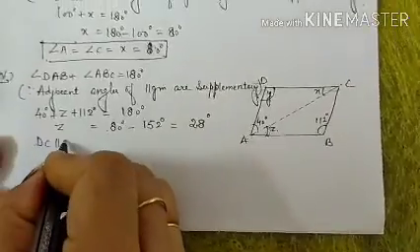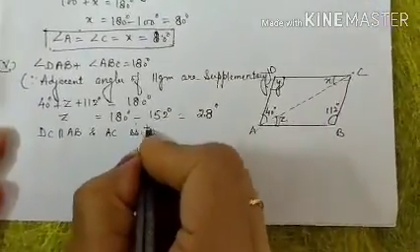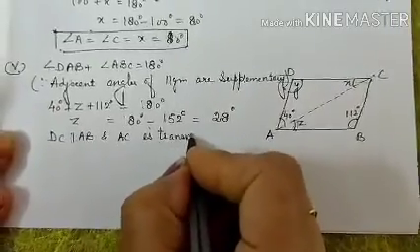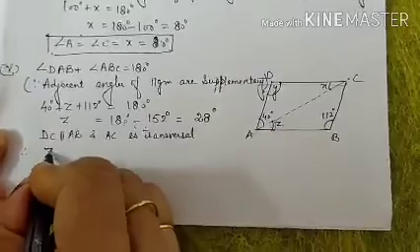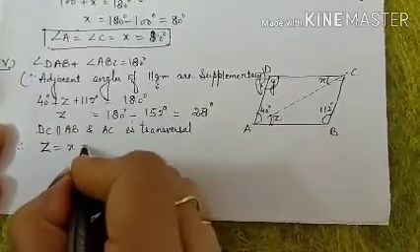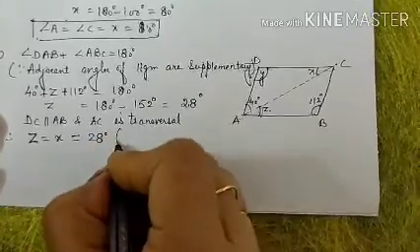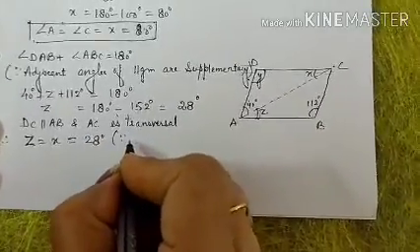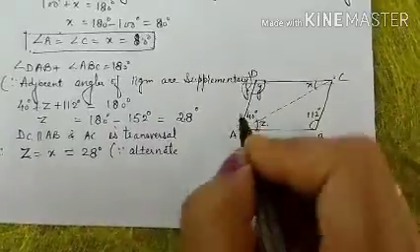DC is parallel to AB and AC is a transversal. Therefore Z equals X, and this is equal to 28 degrees because they are forming alternate interior angles.